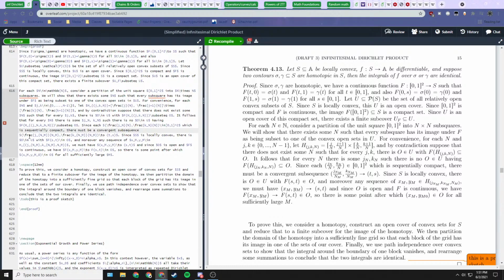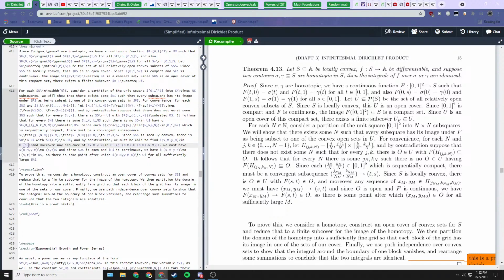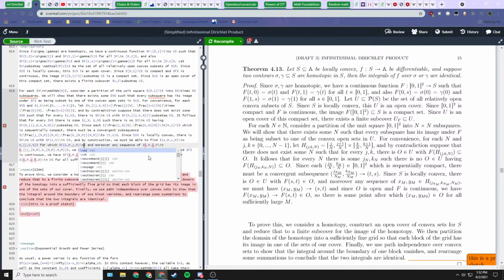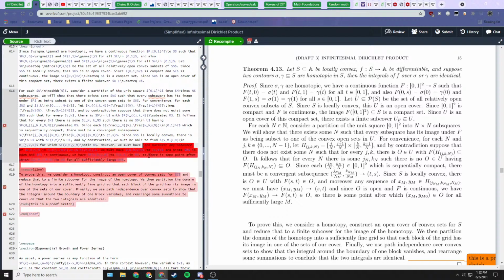The convergent subsequence is in this open set, and by construction we must be able to find a point, we'll say x sub m, y sub m, which is in this tile h sub j, k, n, for which f of (x sub m, y sub m) is not in O. However, we must have this limit.